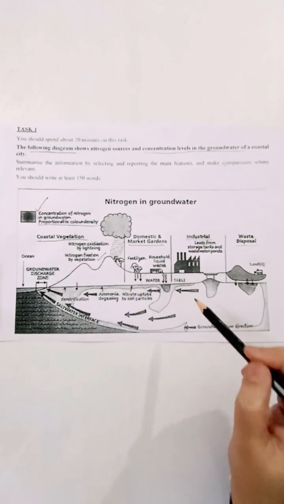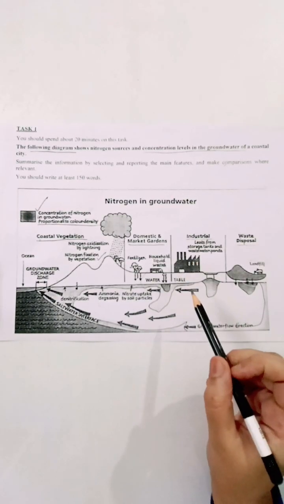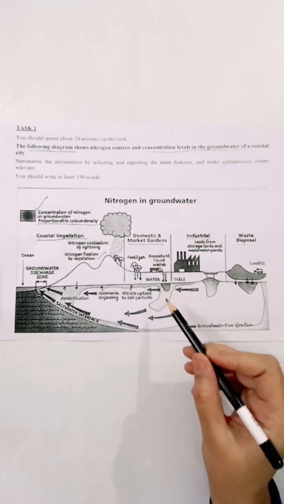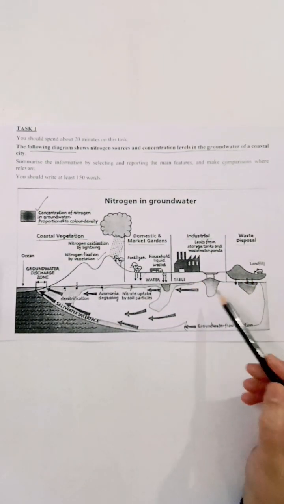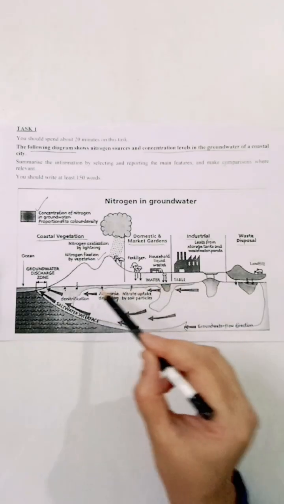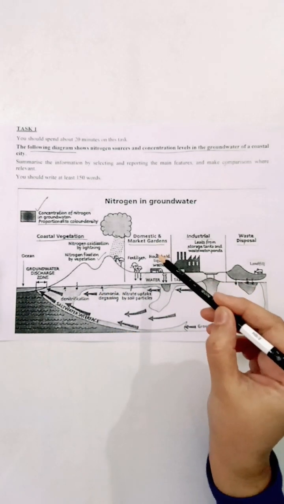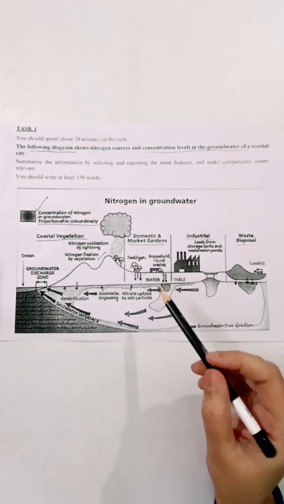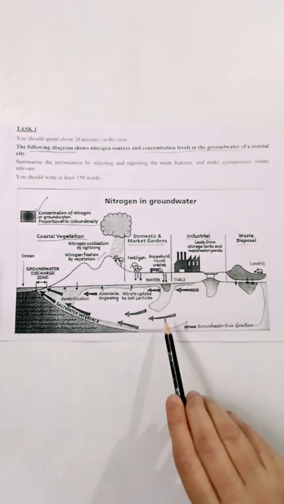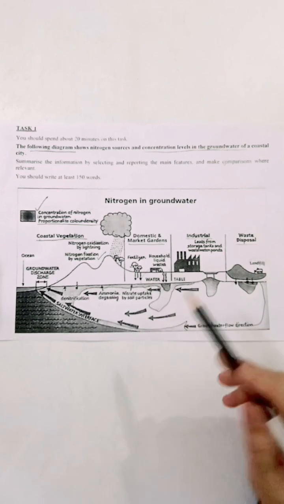Now, what is the massive contribution, by which thing? Massive, major, huge. As you can see, these are the dark portions, and this area is much bigger than the upper one. So you will be writing the massive contribution of nitrogen to the groundwater is through what?